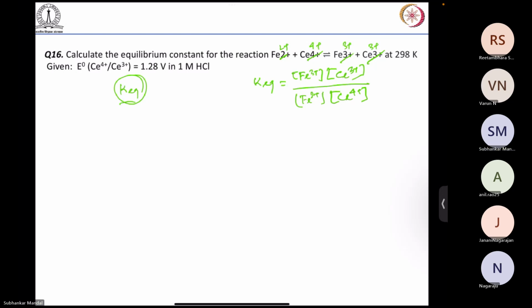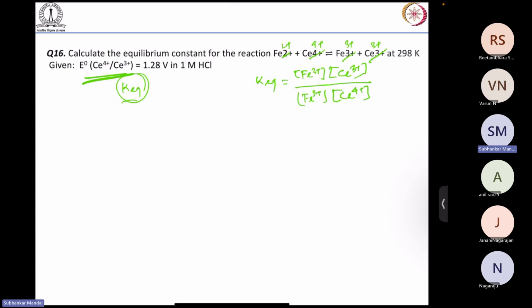Now the standard potential of E cell is given for cerium, and the standard potential of Fe3+/Fe2+ we know. For this it is not given, so 0.77 volt. Almost all people know this value.